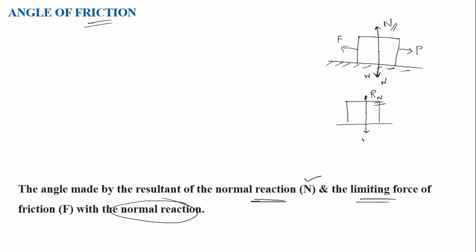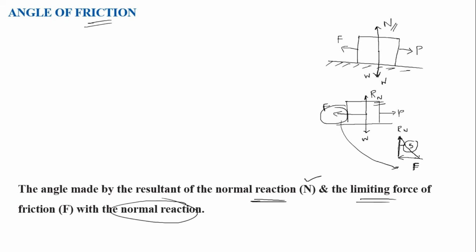Then W is acting downward, this is the applied force P, and this is the frictional force F. The normal reaction is acting upward, and the resultant, which is called S or R, is the resultant force.